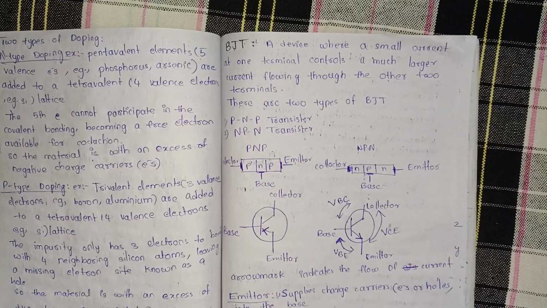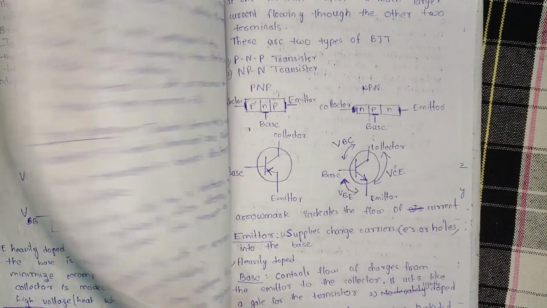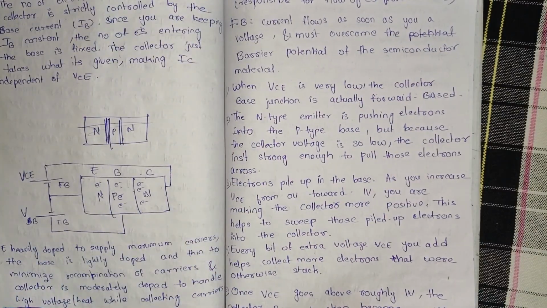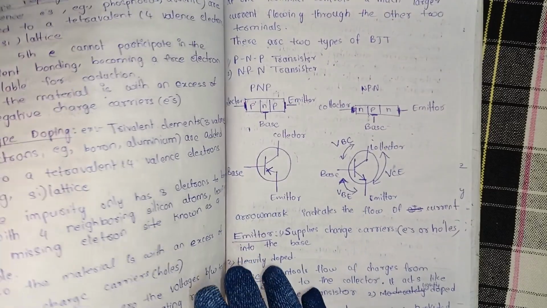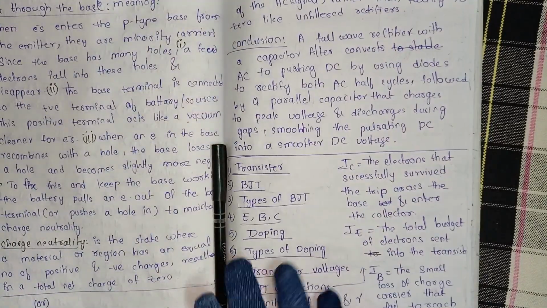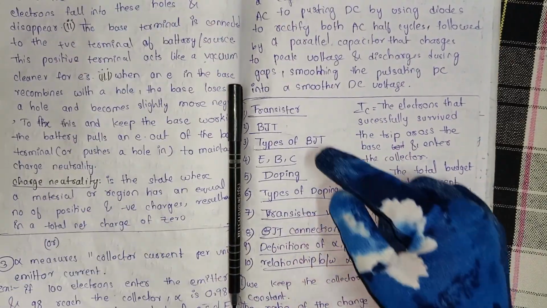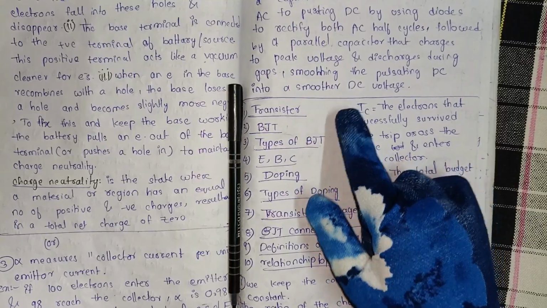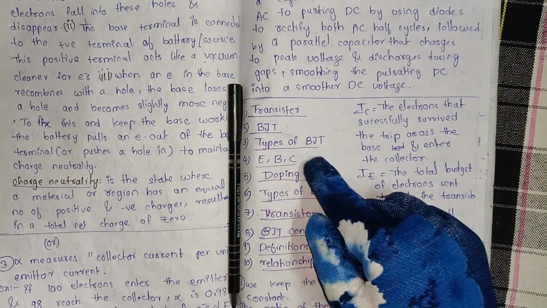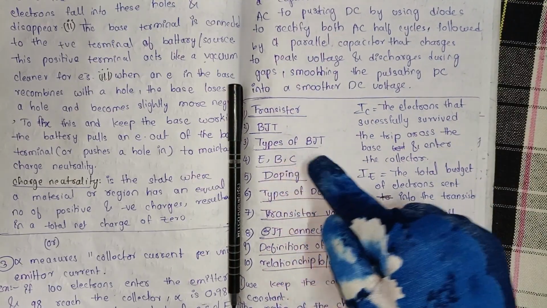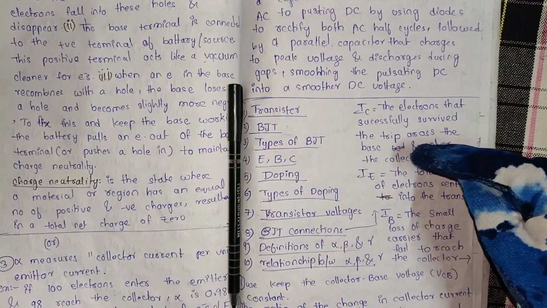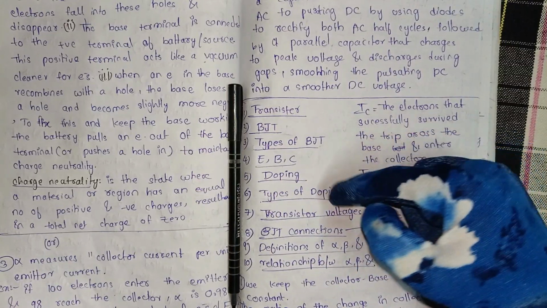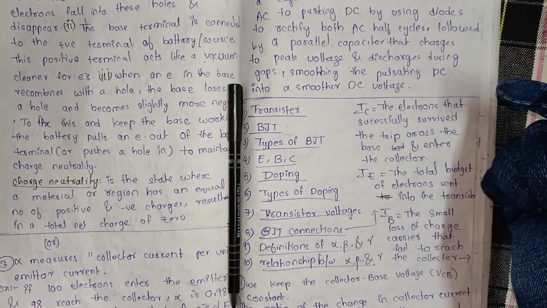Okay, then we have completed transistor BJT, types of BJT, EBC definition, meaning emitter base collector definitions, and doping and types of doping also, and transistor voltages also.